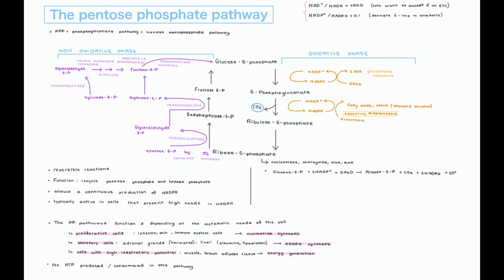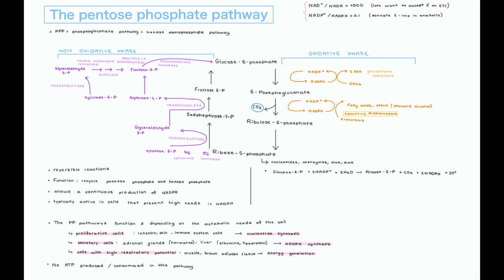Once again, NADP+ is going to be reduced into NADPH, but here the transformation that's coupled with it is going to be precursors that are going to be transformed into fatty acids or sterols, which is basically a steroid alcohol. This process is called reductive biosynthesis. It's also something we're going to see later, but as you can see, it's very useful. We are transforming these precursors into fatty acids, which we know are very useful for us all over our body. Loads of cells use this.